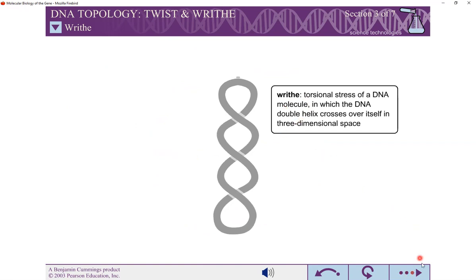So there is a torsional distortion that is produced in the case of a cccDNA molecule. This is a double-stranded DNA molecule, and it is not lying in a particular plane but is coiled over itself. This structure which is produced is commonly referred to as writhe.